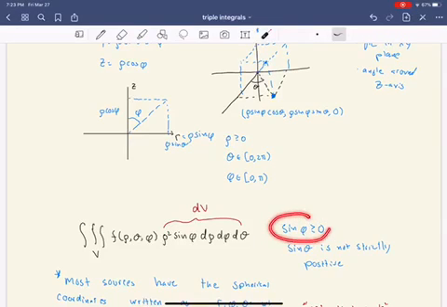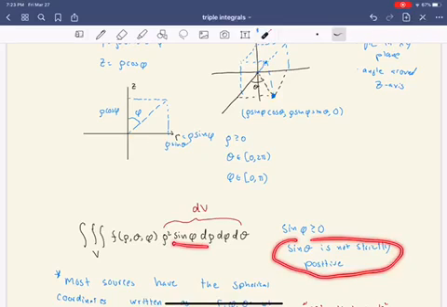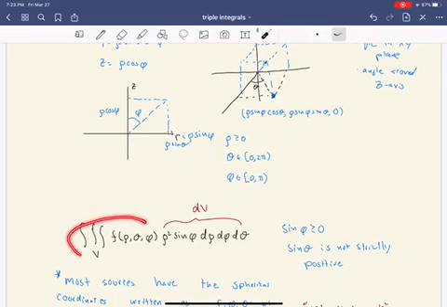Okay? Sine of theta is not restricted to be strictly positive. So if I put a sine of theta here instead of sine of phi, I could get a zero integral for non-zero stuff, or zero integral for strictly positive things. Okay, so I'm remembering that, no, I need this term to always be positive. Okay?